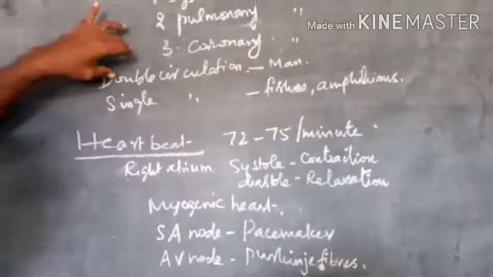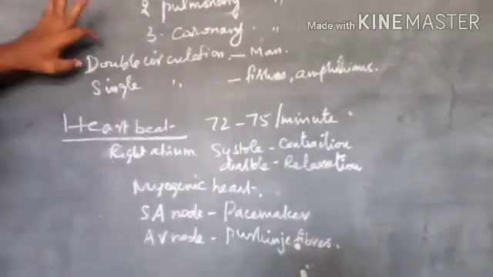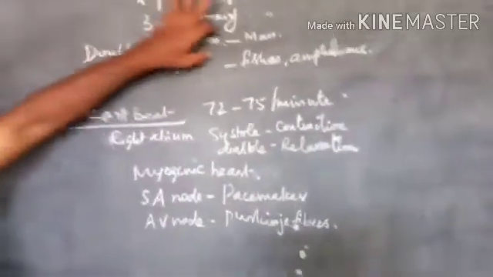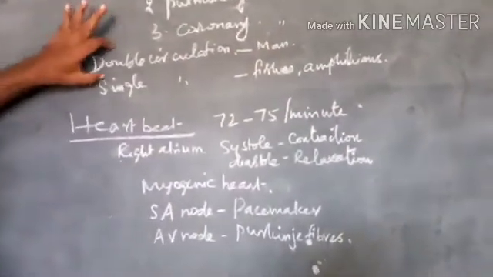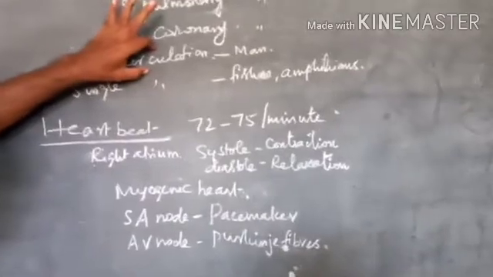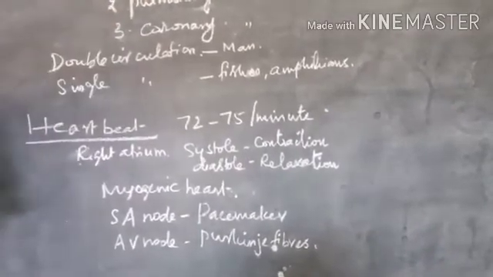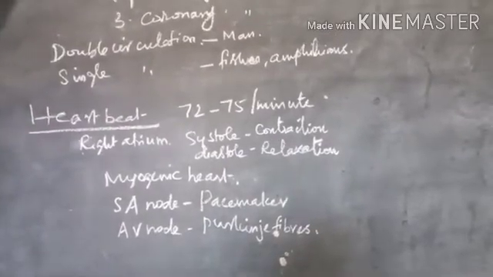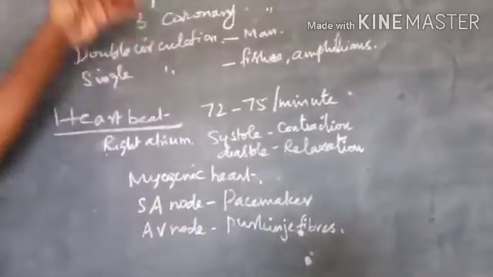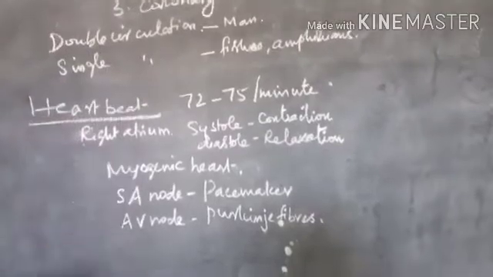Next one is double circulation. When the blood is circulated twice in the human heart, it is called double circulation. Whereas in the lower organisms there is only one circulation, the flow of blood from the body cavity, as we have already seen.